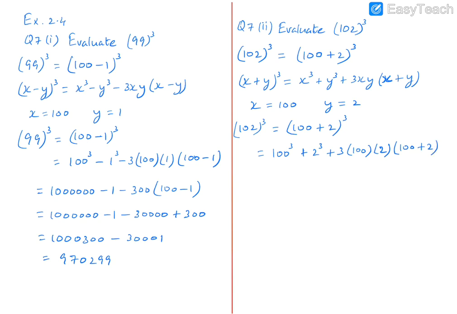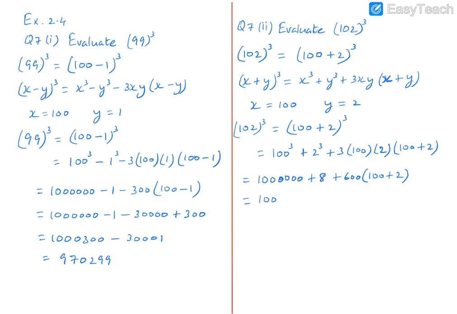So we need to just evaluate this. 100 cube, like before, is 1 followed by 6 zeros, that's 10 lakhs. Plus 2 cube is plus 8. So 3 into 100 into 2 is 600. So that's plus 600 into 100 plus 2.